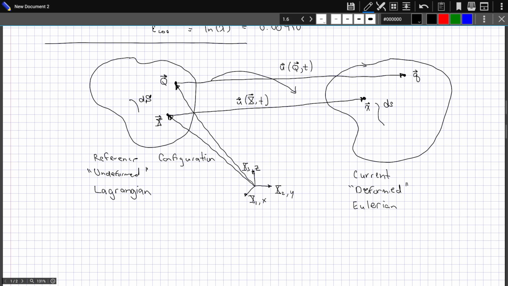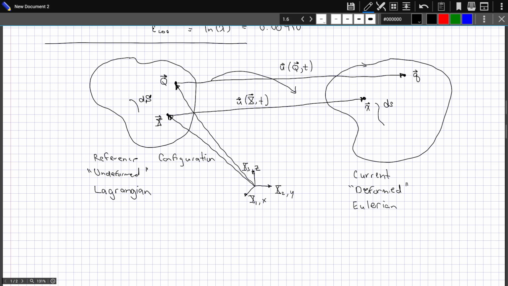So now what I want to do is, these are just vectors, so I can just do vector math, right? I want to write the position of X and the position of Q in terms of their original position and their displacement. So I just add vectors, right?